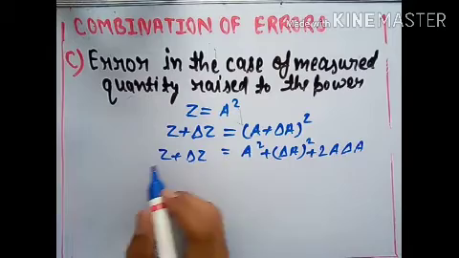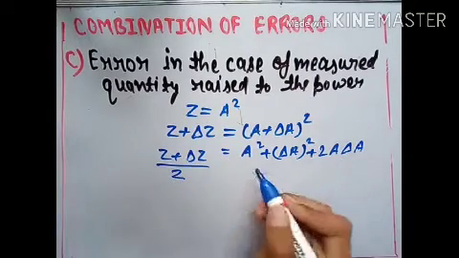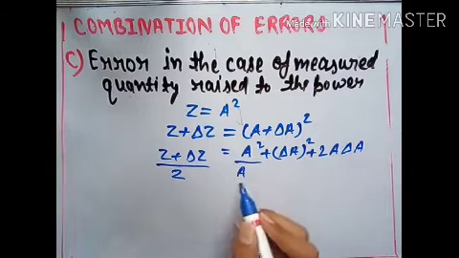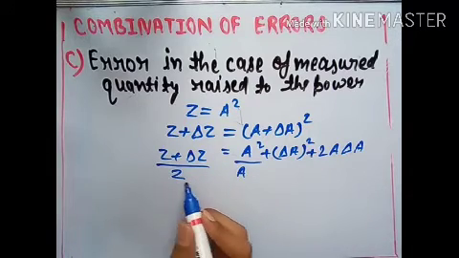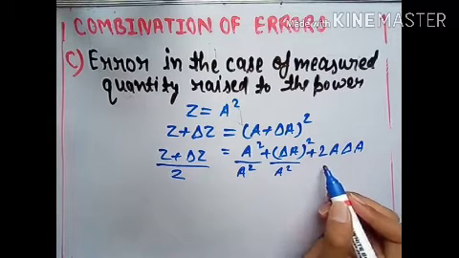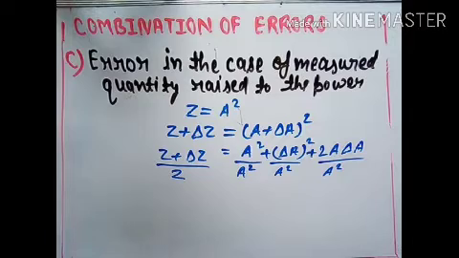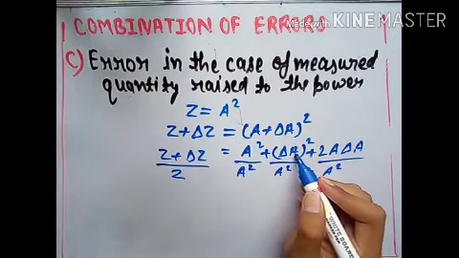Now again divide by z. For this side I will divide by z, and for this side by a square, since z is equal to a square. Understand? Now look at this value, delta a square.